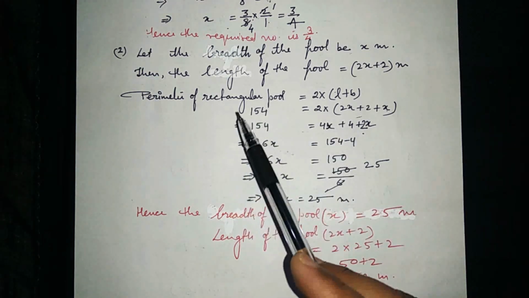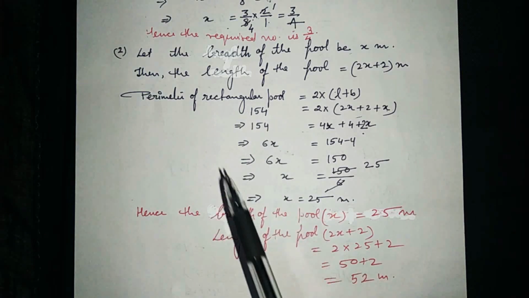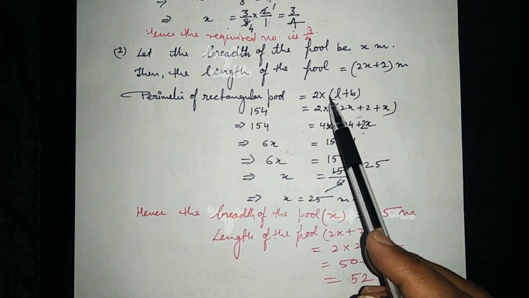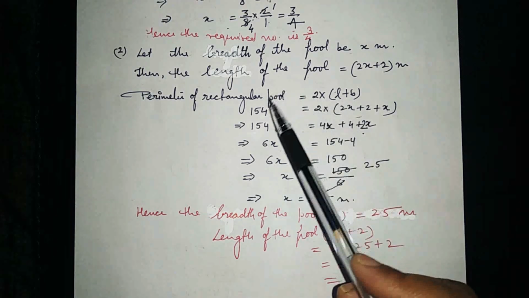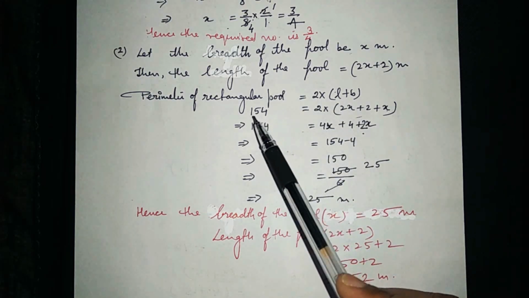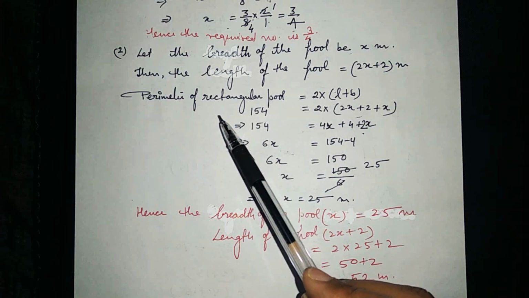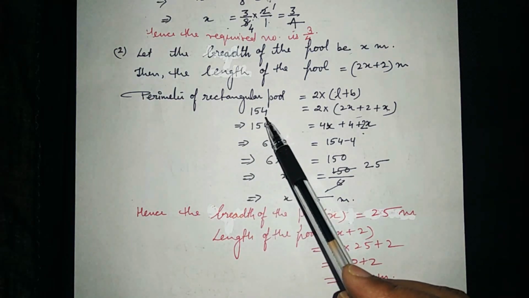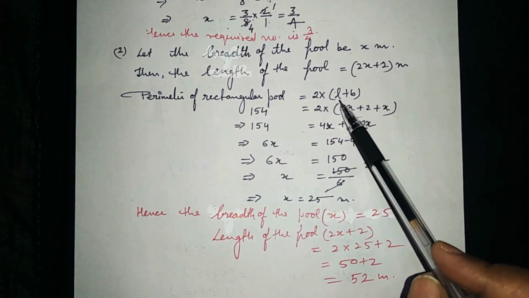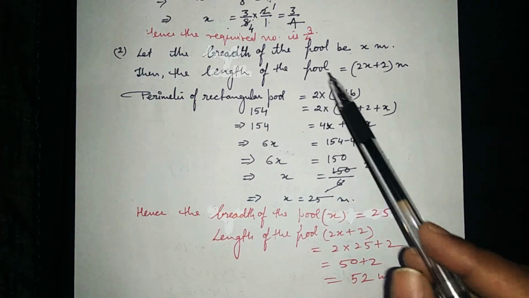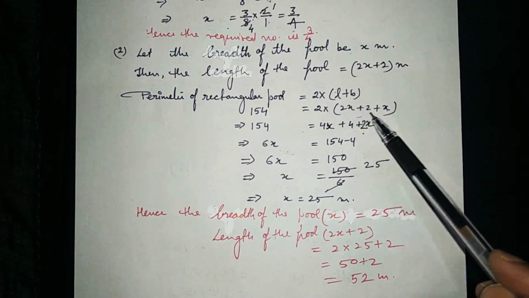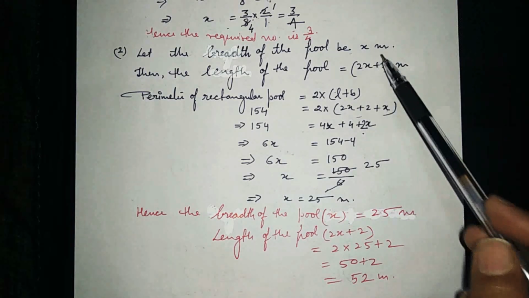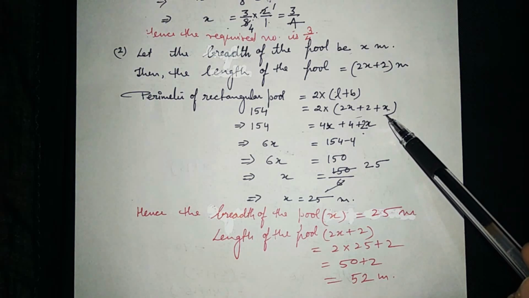We will write the formula: perimeter of the rectangular pool is equal to 2 into (L plus B). 154, the perimeter, we will write in place of the perimeter of the rectangular pool. 2 into length, which is 2x plus 2, and here we will write breadth, which is x.